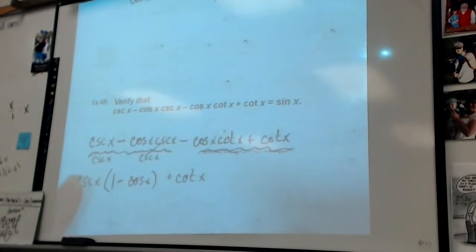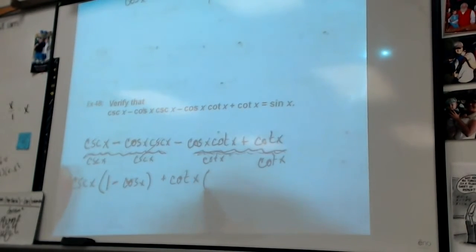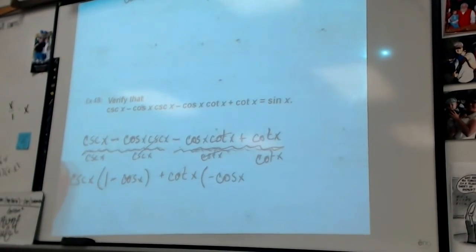If you're doing it on your own, you can just try it and see. You can factor out a negative cotangent, and that would make this term positive and this term negative. So I factored out a positive cotangent x. What do I have left on this side? Negative cosine. If I had factored out the negative, that would have been a positive cosine left.